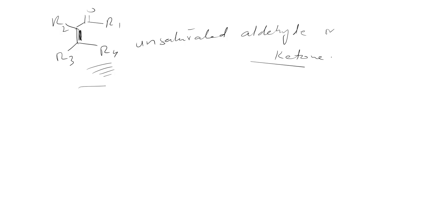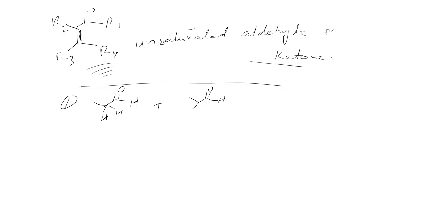If we talk about an example of this type of reaction, let's suppose here is a carbonyl group. This one is, let's suppose, propanal, with two hydrogens, and we react it with the other.